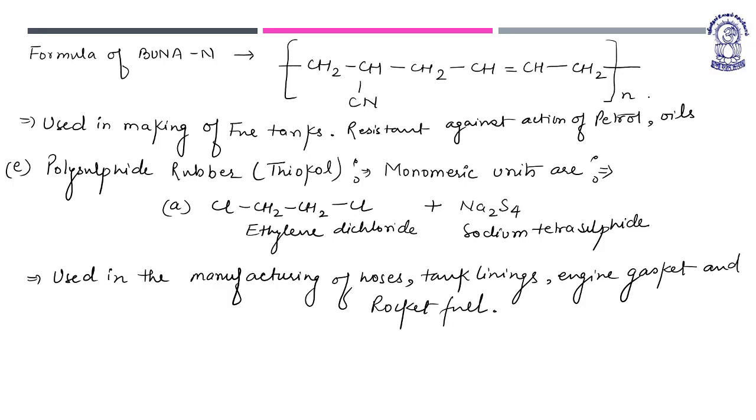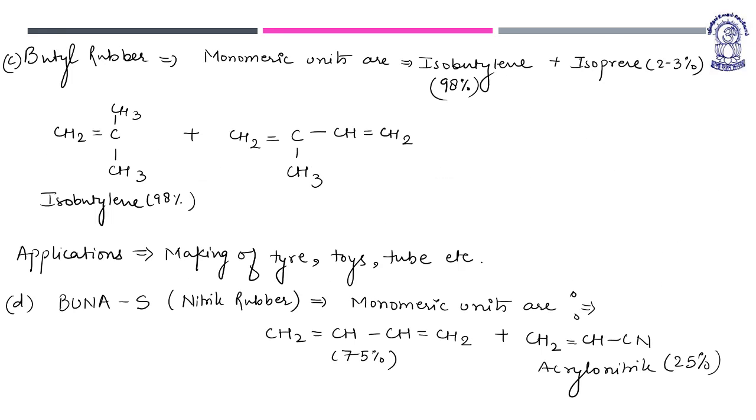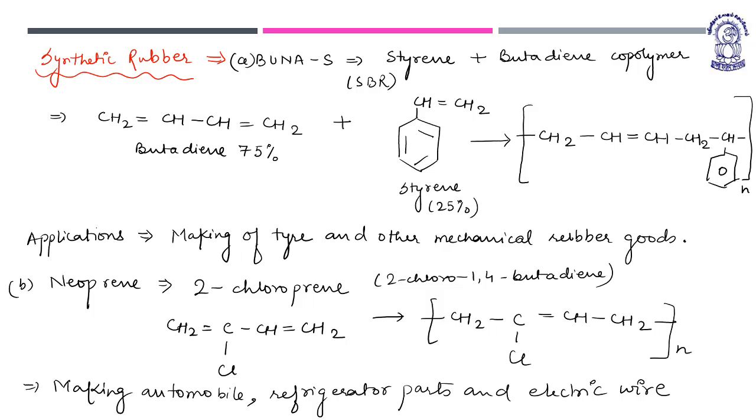That is why it is used to make oil seal kits. It is also used to make hoses, tank linings, same uses. Understood? Neoprene, I have told you.